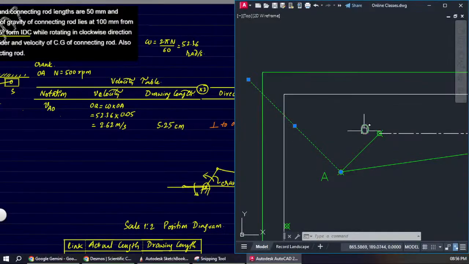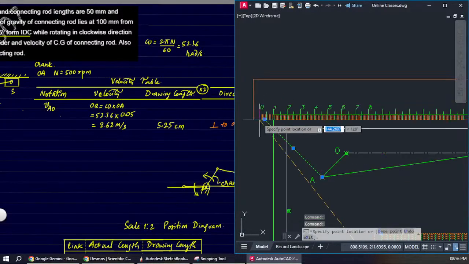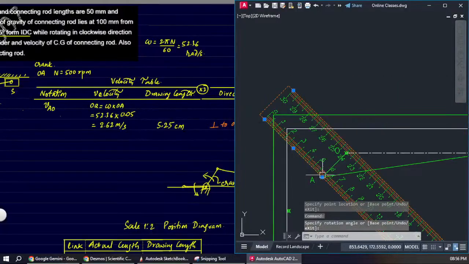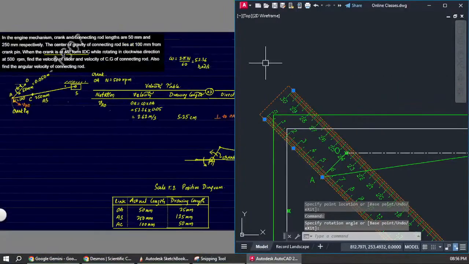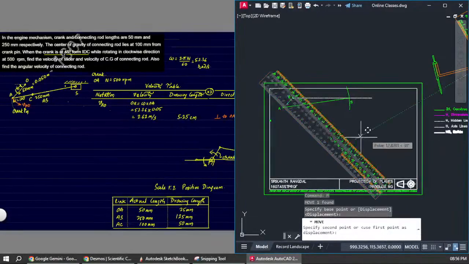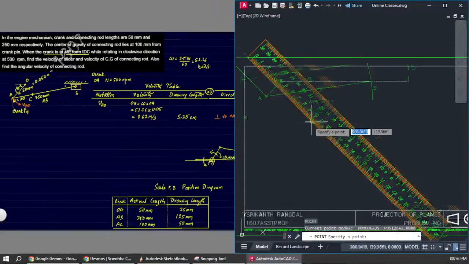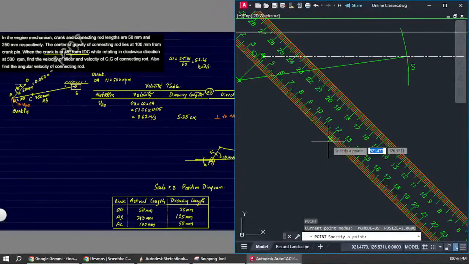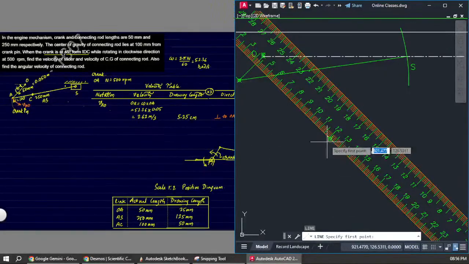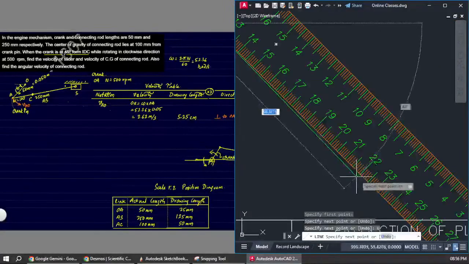Next step for you will be to take your roller scale, keep it parallel to this line, and roll it to a convenient point. The starting point we will take somewhere over here, and from this point we will draw a line.